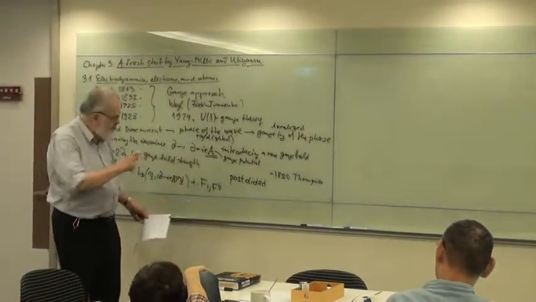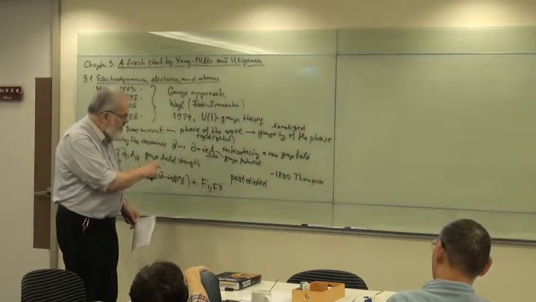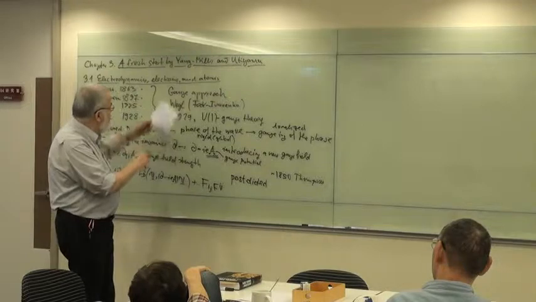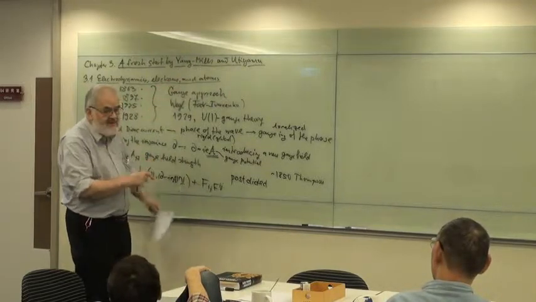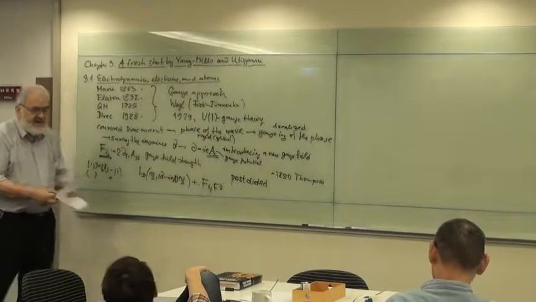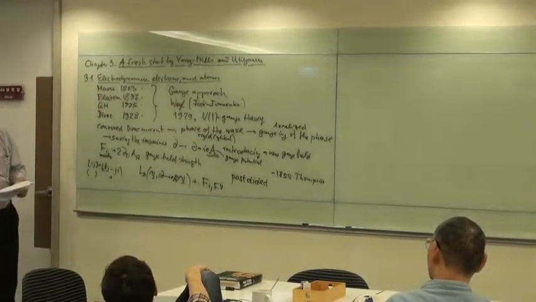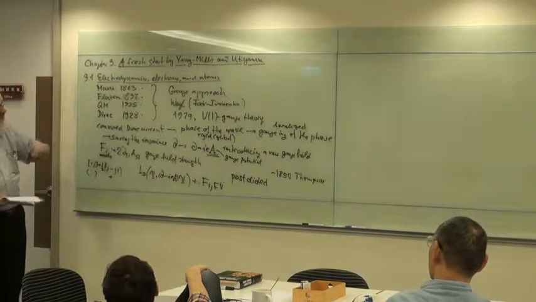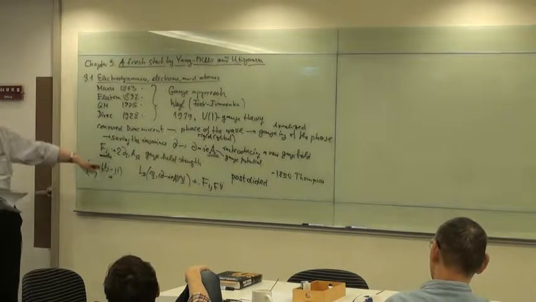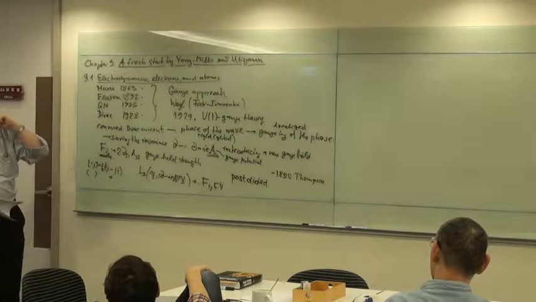You know, this first turning point is 1929, and the next turning point is Yang-Mills 1954. And the next turning point in gravity is 1961, when this procedure was applied to the Poincaré group.